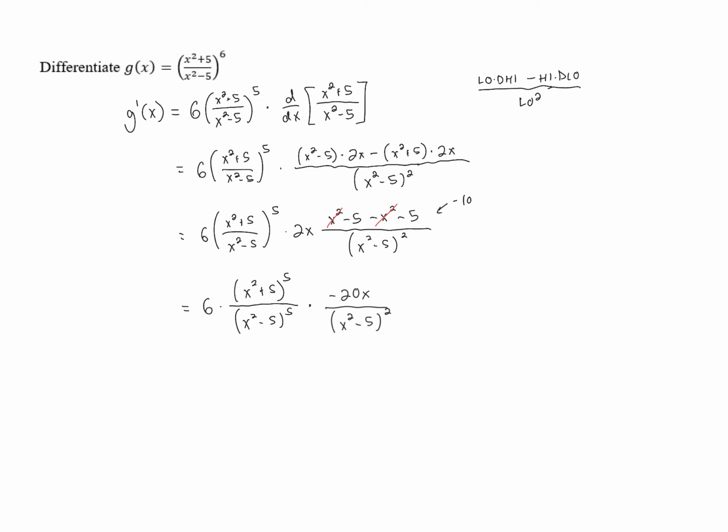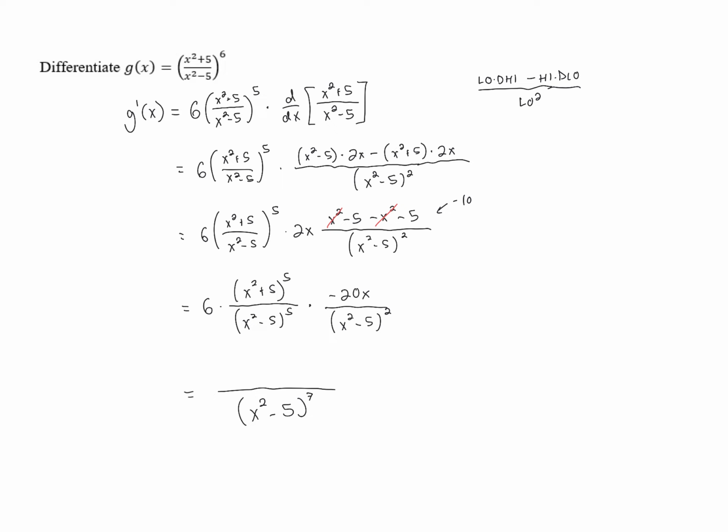Now, hopefully you can see why I've split up that big fraction. If we look at the denominator, on the left bit, we've got 5 factors of x squared minus 5. And on the right, we've got 2 more. So that means in the end, our denominator is going to be x squared minus 5 raised to the 7th power, right? 5 of them from one bit and 2 of them from the other bit.